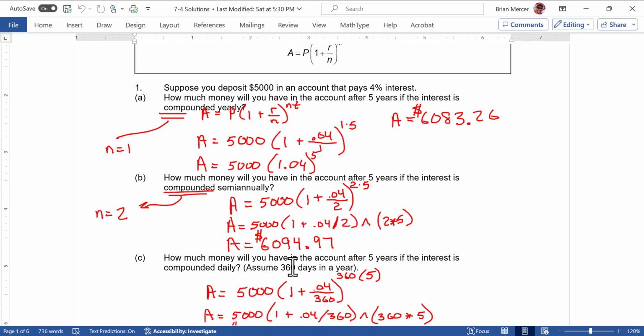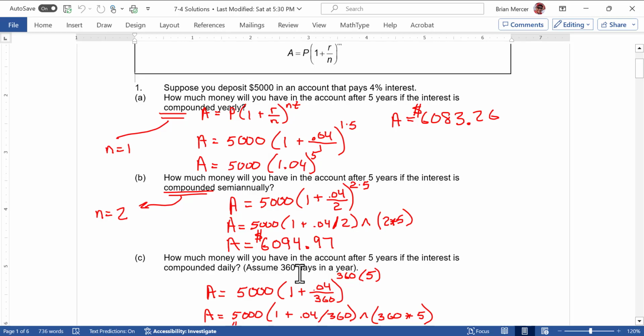Many books will say assume 360. Alex says assume 365, and just follow the directions is really what I tell students. So if the problem says assume 360, then make your fractions out of 360. If the problem says assume 365, then assume 365.